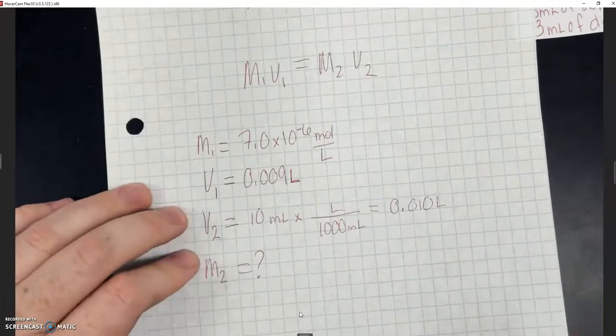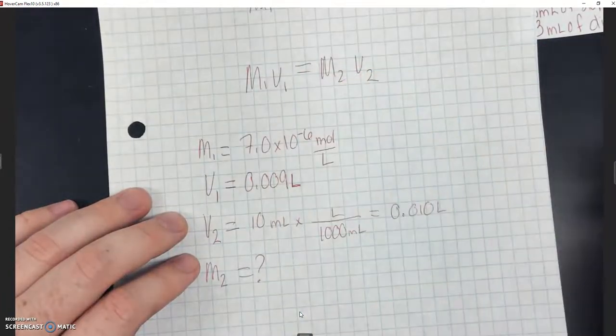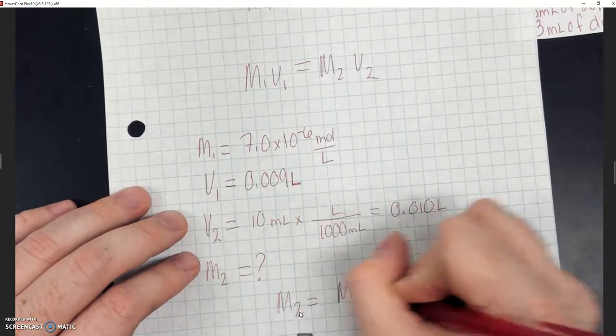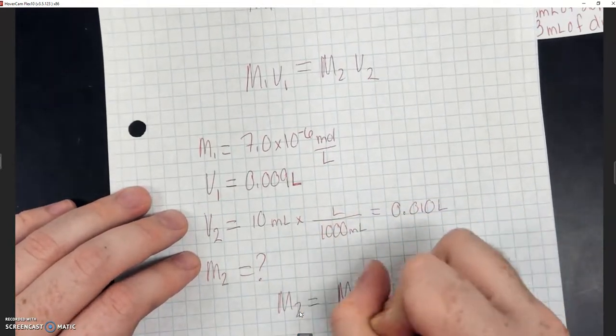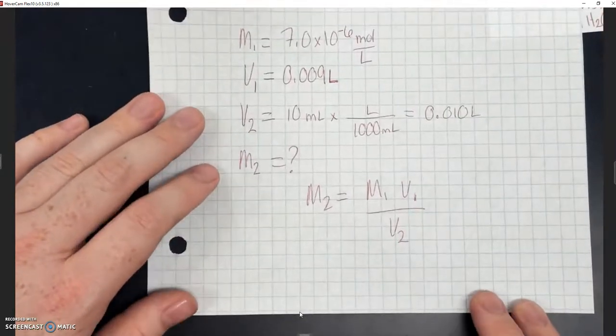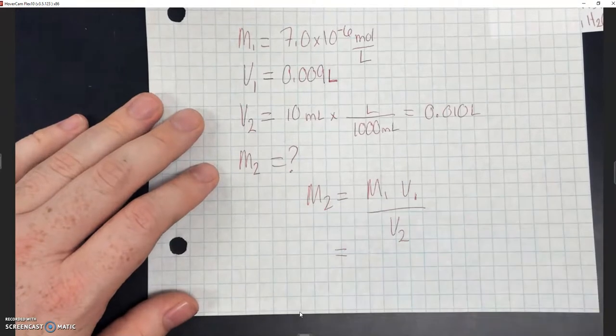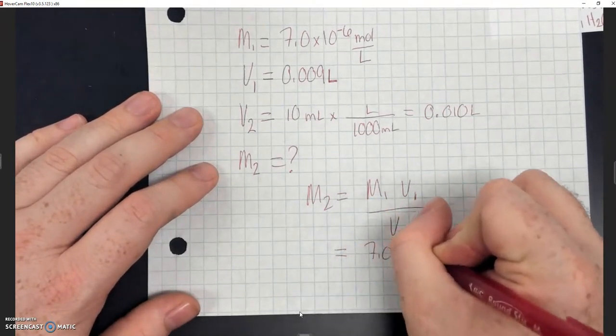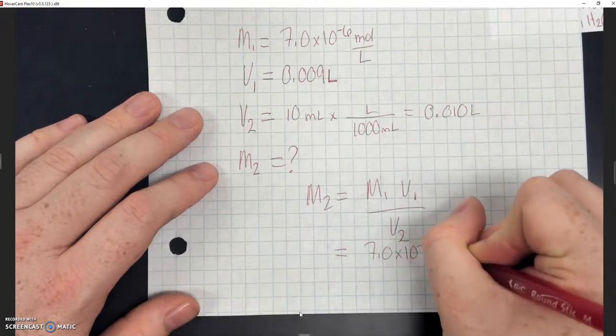Let's figure it out. Rearranging this equation to solve for M2, M2 is going to equal M1 times V1 over V2. We know that M1 is equal to 7.0 times 10 to the negative 6 moles per liter.